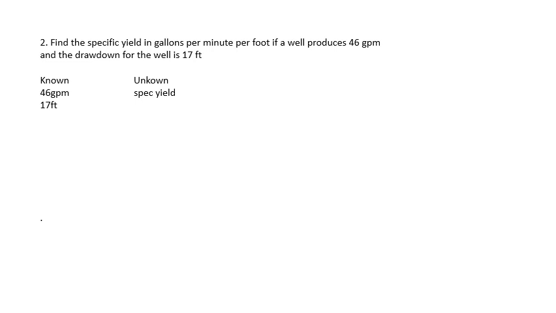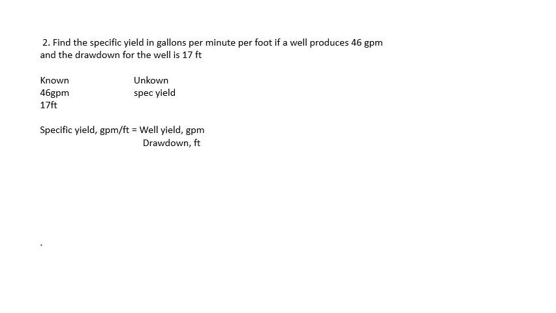That will tell you what equation you want. Specific yield is equal to well yield in gallons per minute divided by drawdown in feet. So you plug in your 46 gallons per minute divided by your drawdown of 17 feet, and that gives you a yield of 2.7 gallons per minute per foot.